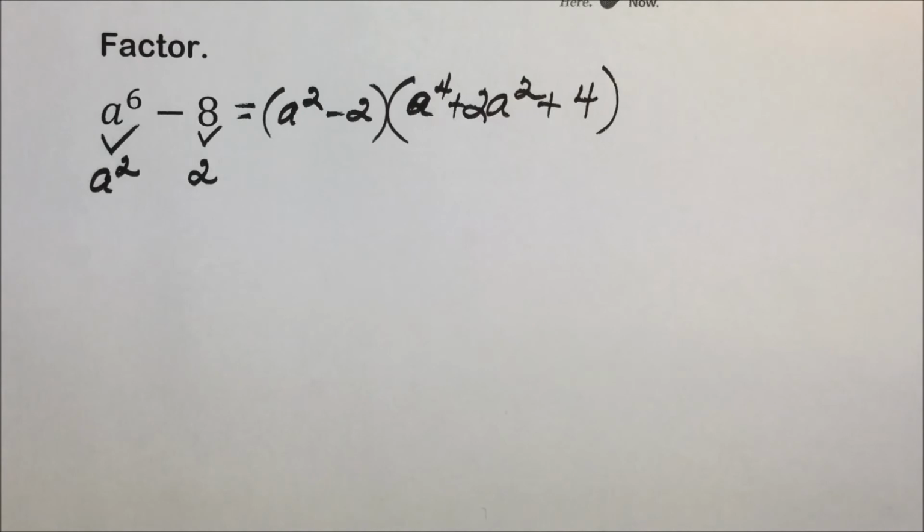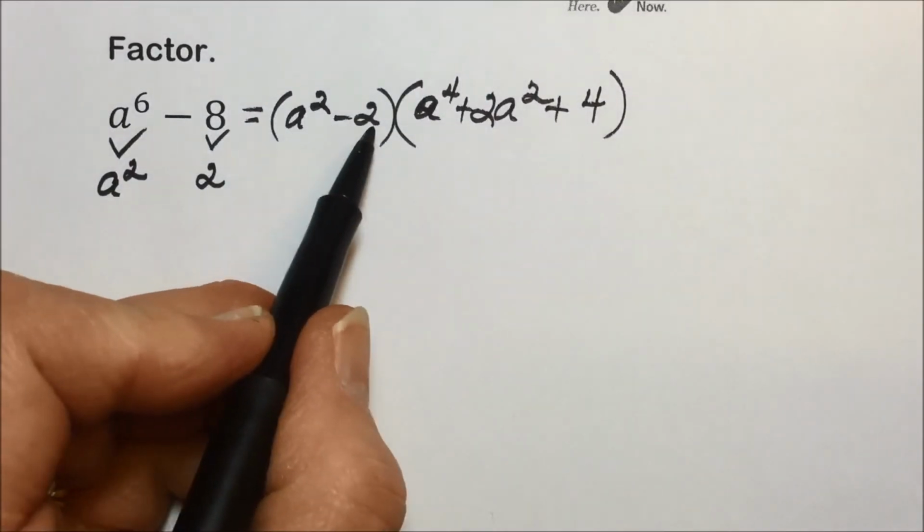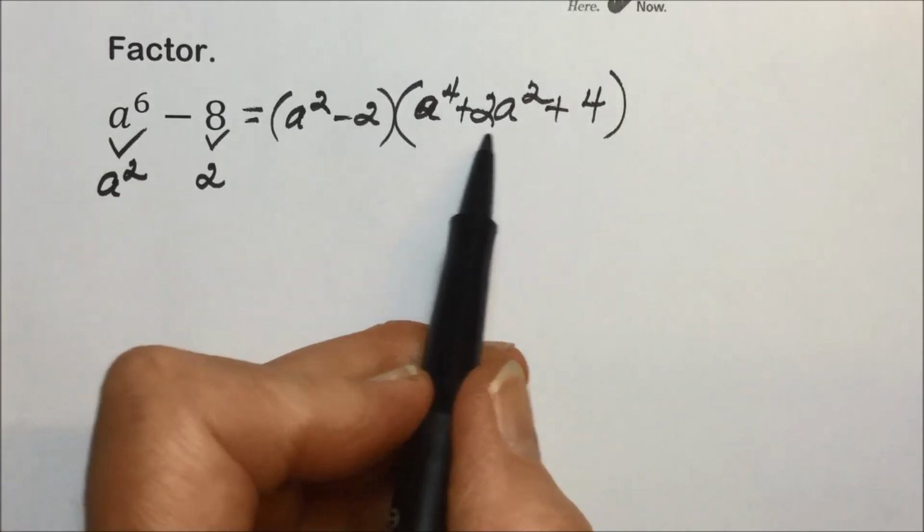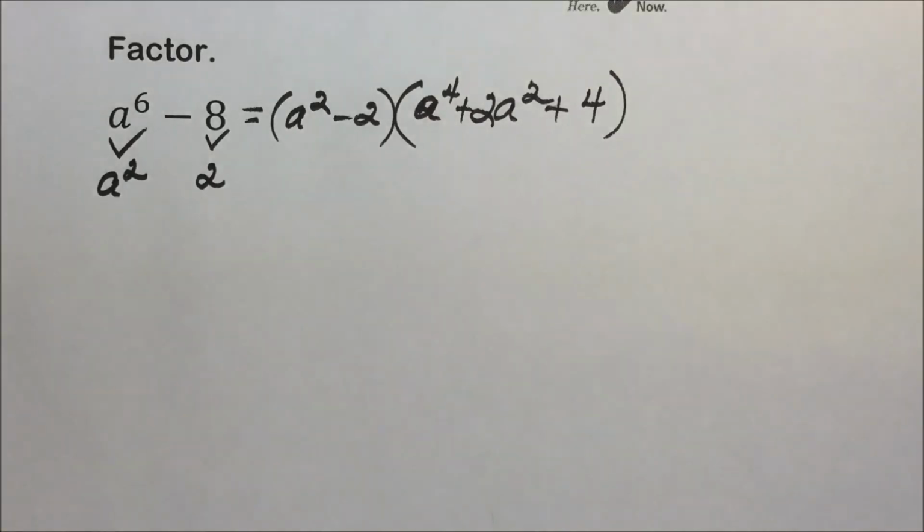Anytime you have a power higher than 2, or higher than 1, we should be suspicious that we can factor further. A to the second minus 2, this is not a difference of squares, 2 is prime. When we have our trinomial here, does this factor further?